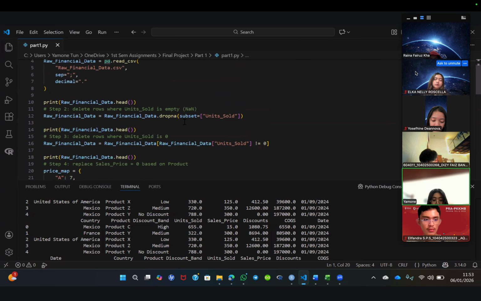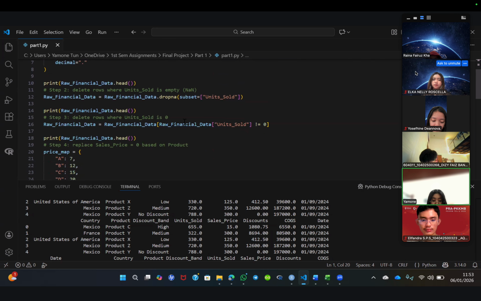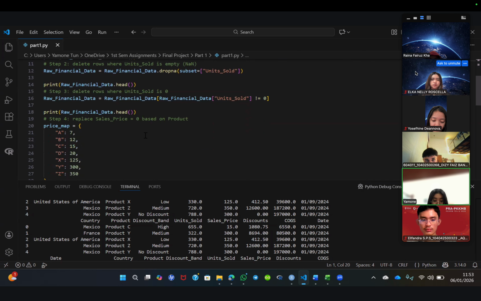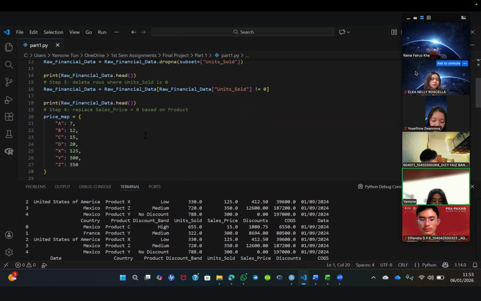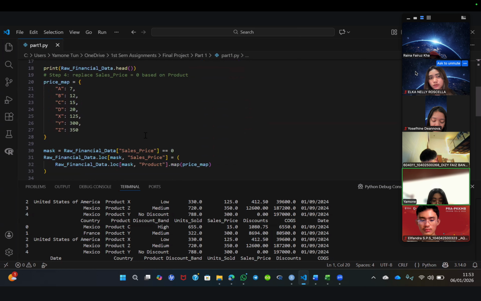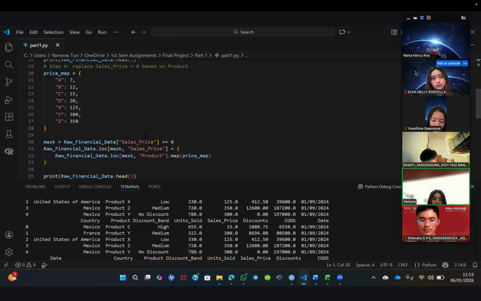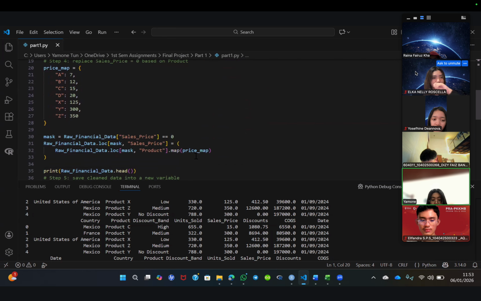And then for rows where the sale price was zero, we replaced it with values based on each product category to make the data realistic. After that, we continued to Part 2 by using R, where the purpose was to calculate financial values and analyze profit trends.